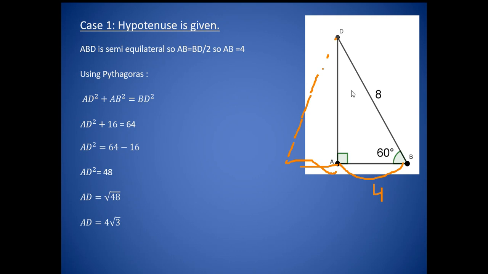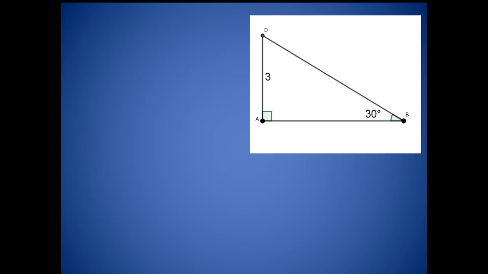Let's see case 2, if I give you the smallest side, how we will solve. Now, case 2, the smallest side is given. Also, you complete how it was. I'll complete from the 30. The equilateral was like this, and then we cut it in half.